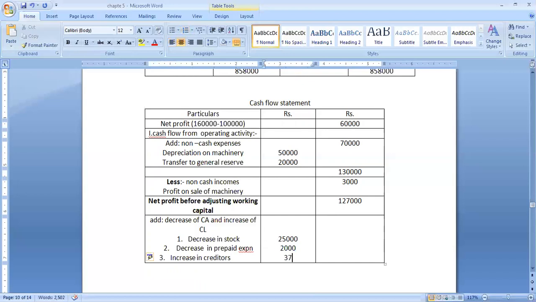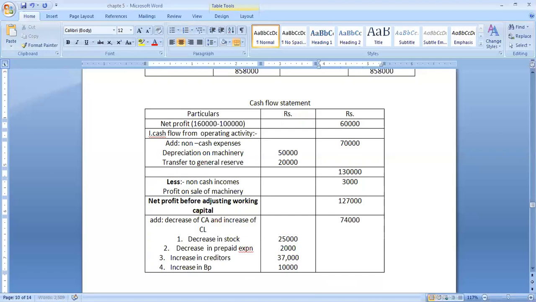It is 37,000. So look at the questions along with the answers very carefully, then solve the problem. Then the increase in bills payable. Okay, so what is the value of the bills payable increase? It is 10,000. So totally what will the value be? It is 74,000.